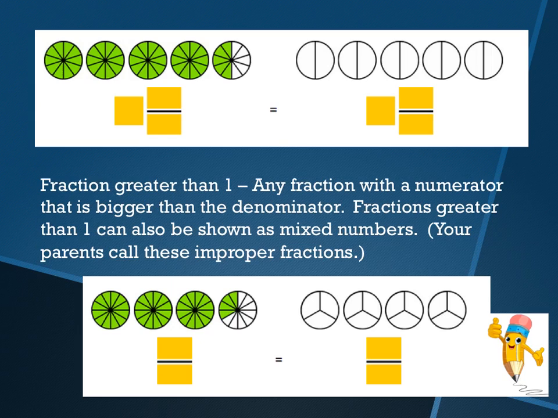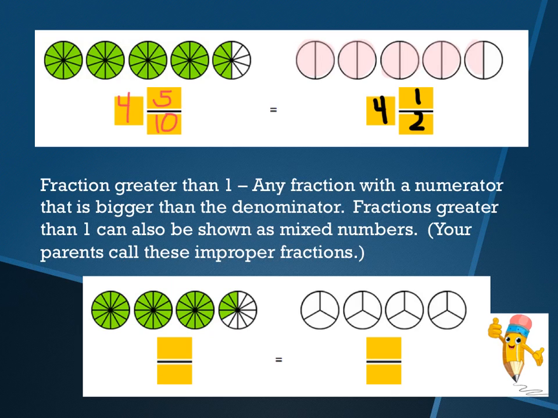Let's try this example with the mixed number. First, look at the one shaded in green. What fraction do you see? Did you say 4 and 5/10? Now look at this next example on your page. What would you shade in to show that same amount? Did you shade in 4 wholes and 1/2?